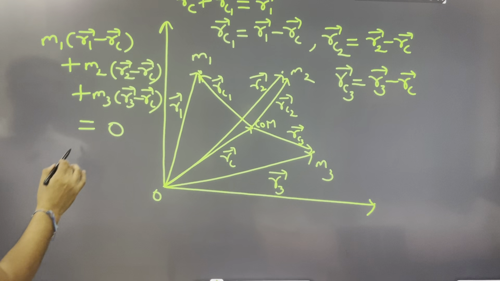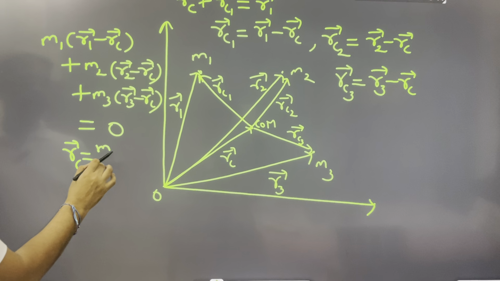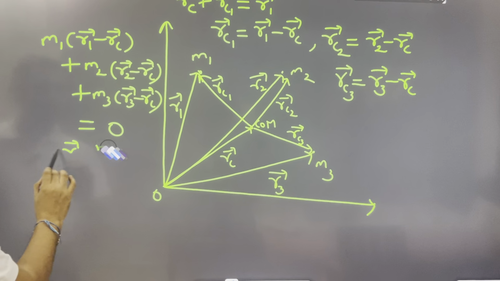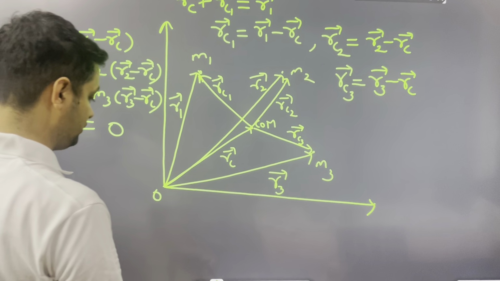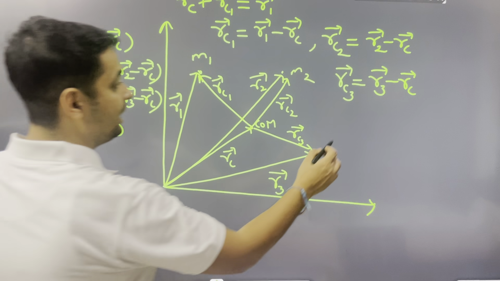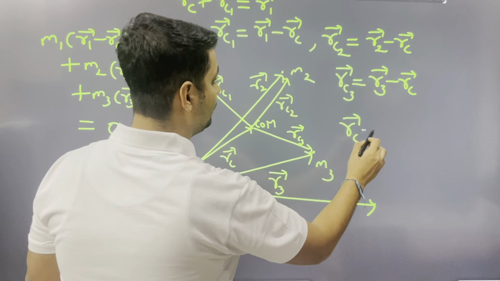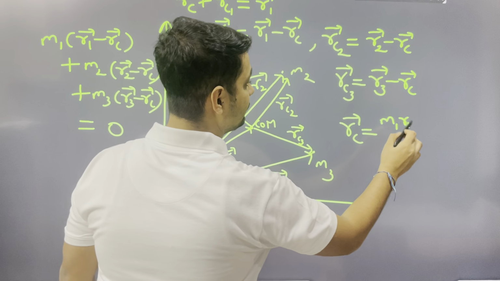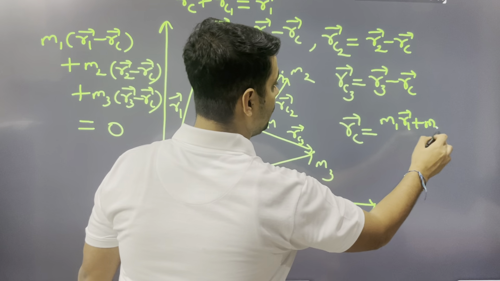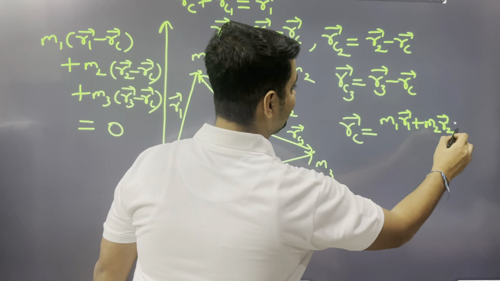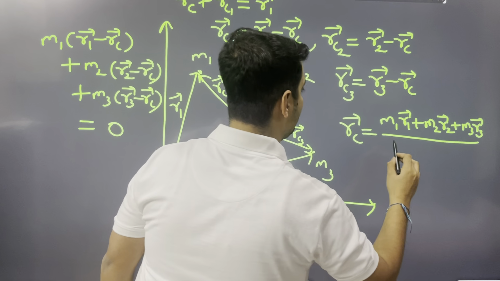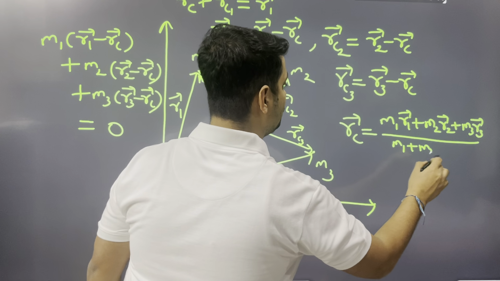Then what will we find? We will solve this. When you solve this, you will get RC vector equals M1 R1 vector plus M2 R2 vector plus M3 R3 vector divided by M1 plus M2 plus M3.